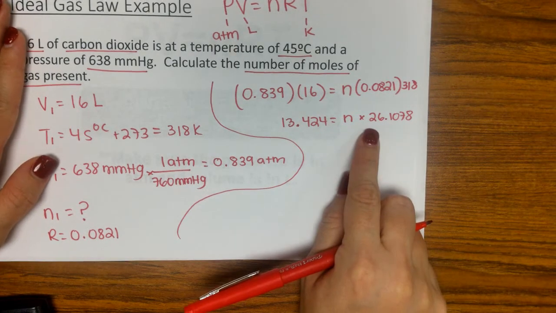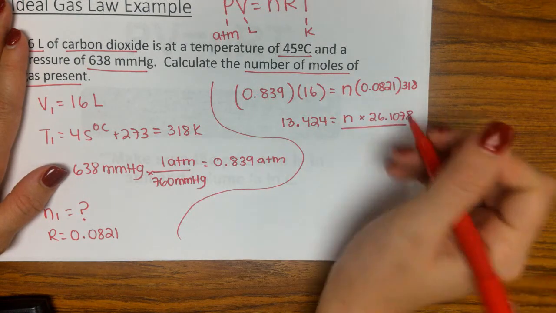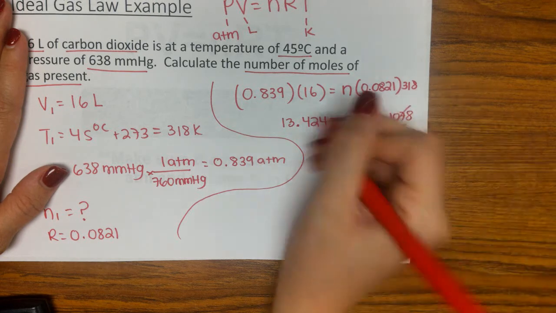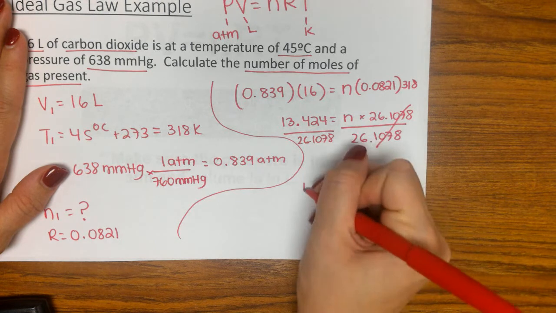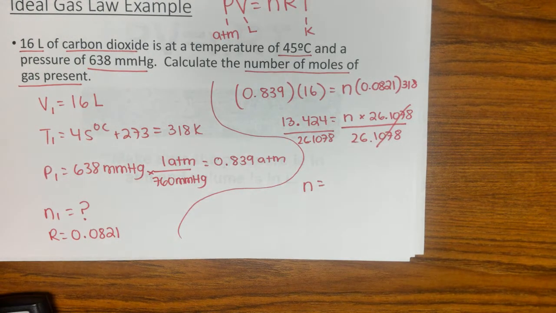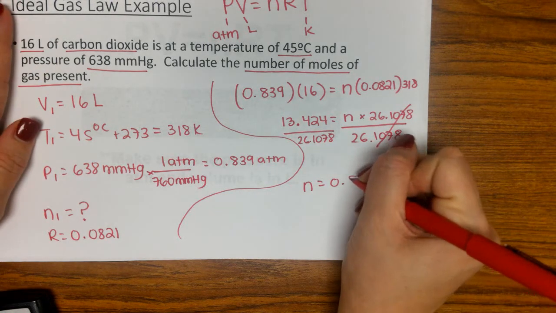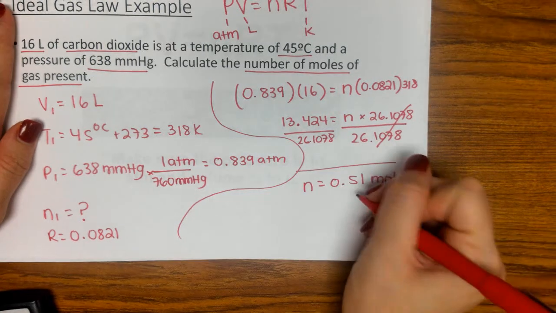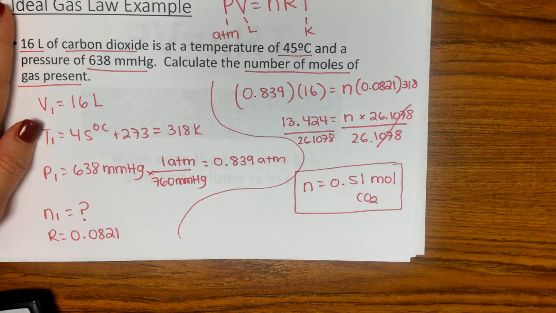I'm trying to solve for N, so I need to get N isolated because they're being multiplied. So you got to divide each side by this number. Cancels out. What you do to the left, you do to the right. And we have N equals 0.51 moles of gas. And oh, it's CO2. That is using the ideal gas law.